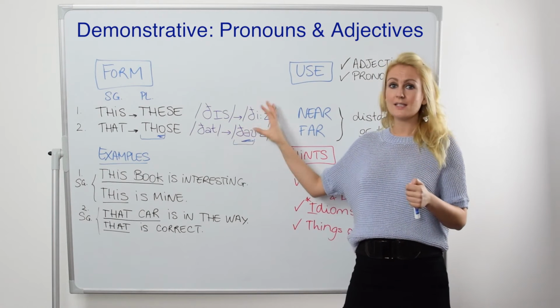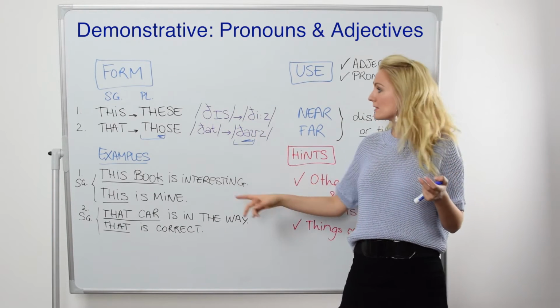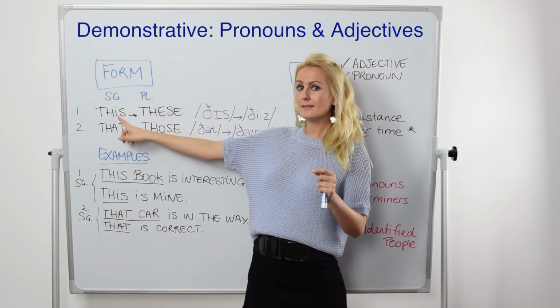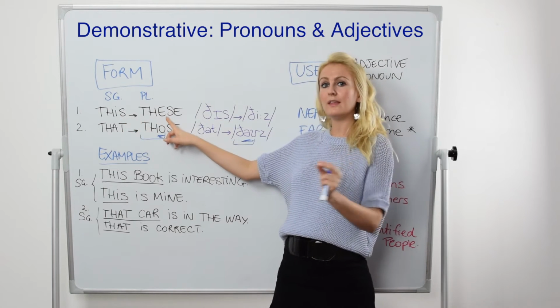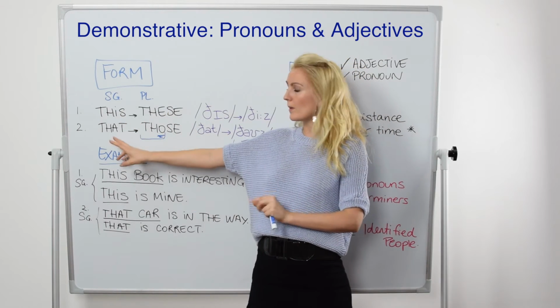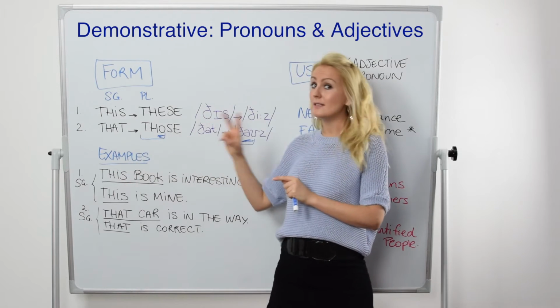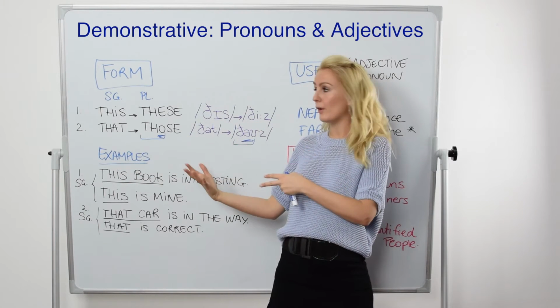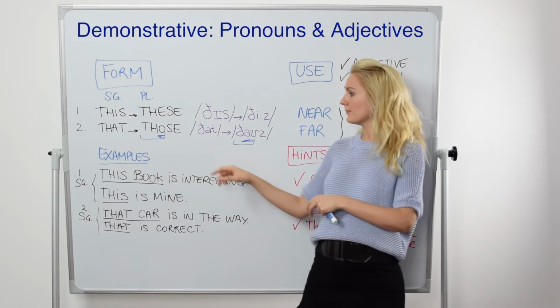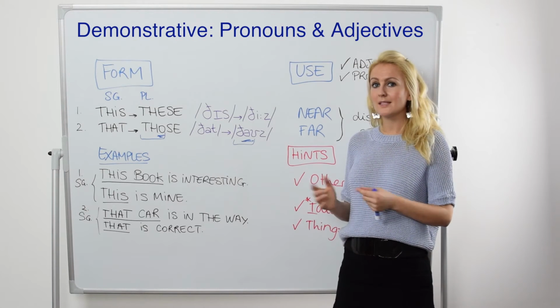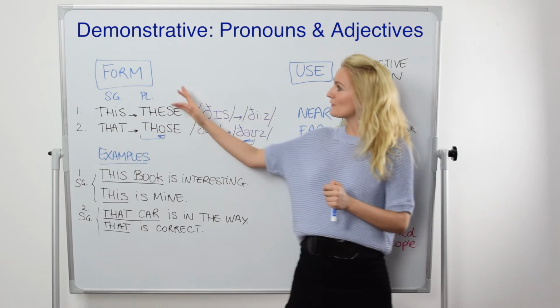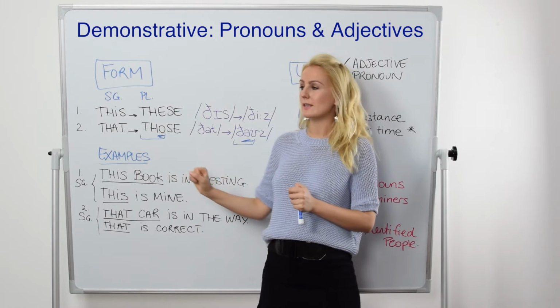So lots of variety here. How to pronounce those vowels? We have a short one, this, a long vowel, these, another short one, that, and a double, or a diphthong, those. Okay, that's it. That's all you need to know as far as the form and pronunciation are concerned.